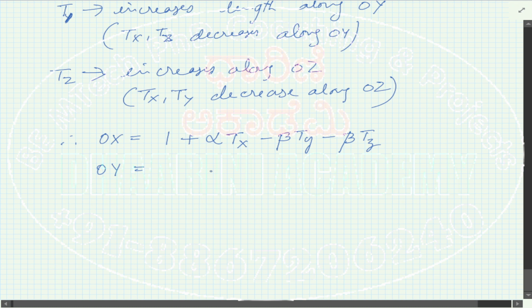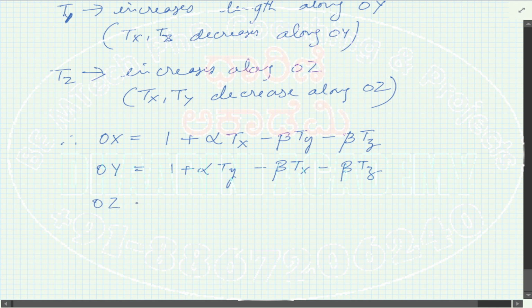So OY is equal to 1 plus alpha times Ty minus beta times Tx minus beta times Tz. When you consider the y-axis, the Ty tries to increase the length, that's why it is alpha times Ty minus beta times Tx minus beta times Tz. These are obviously trying to reduce the length along the y-axis.